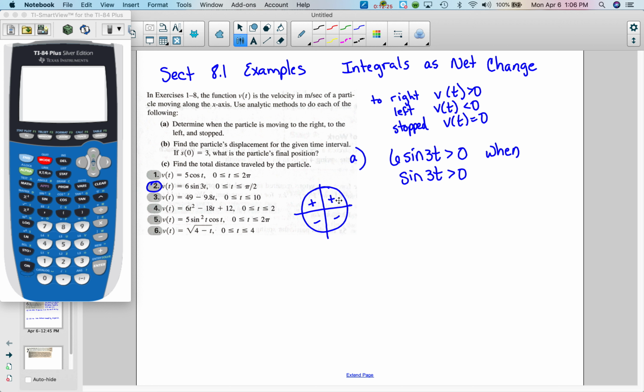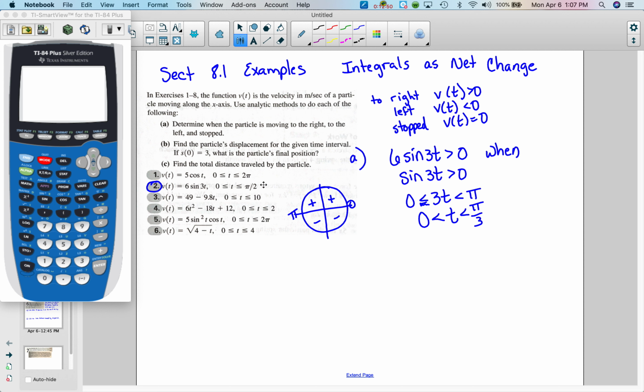So that means it's positive from 0 to pi. So we need to know when 3t is between 0 and pi, strictly positive, not 0. So that means t is between 0 and pi over 3. I'm dividing each part by 3.